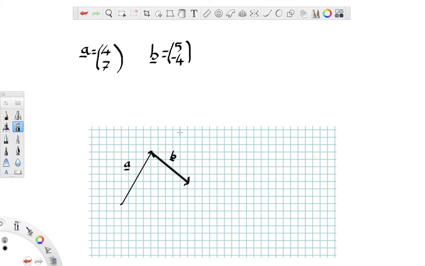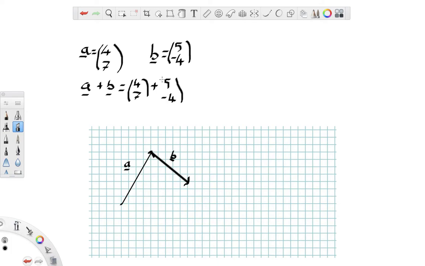And then what we'll do is we'll do the same as what we did last time. We'll add the vectors and then we will check to see whether our answer is right geometrically, so when it's drawn down. So A was 4, 7. Well, that's easy, we can do that. You've got 4, 7, and we're adding to that 5, minus 4.